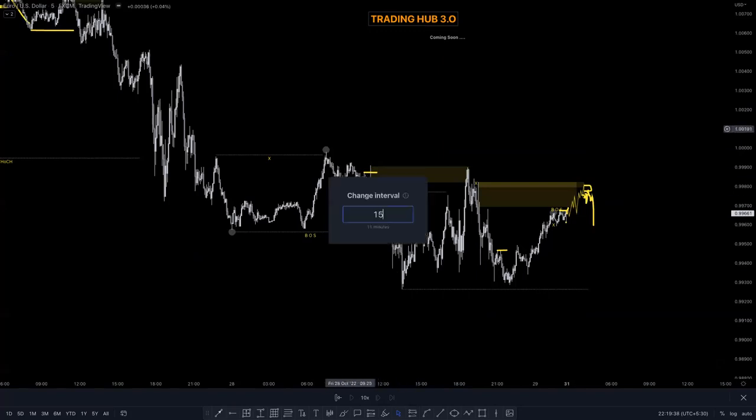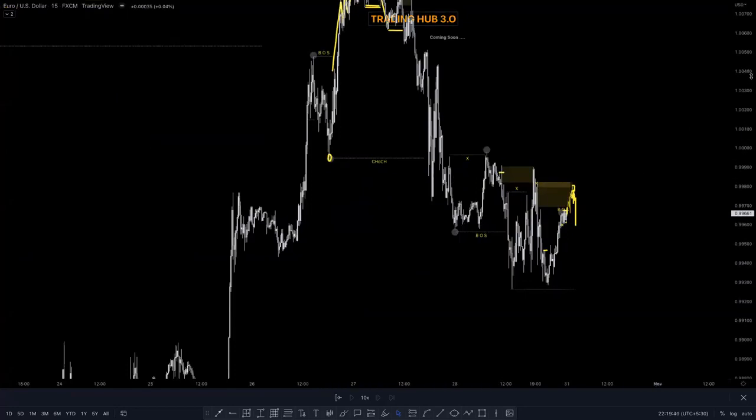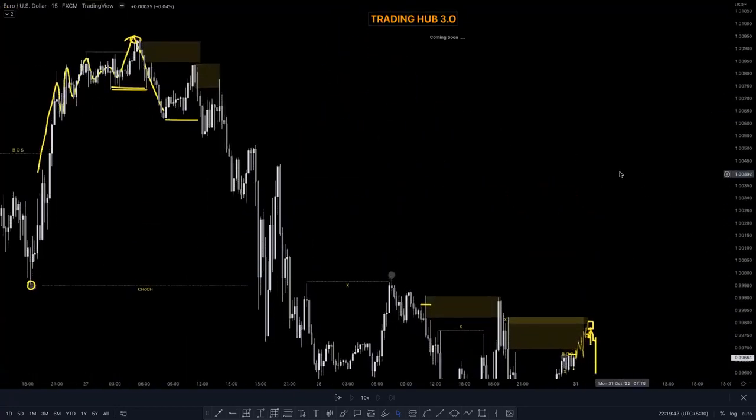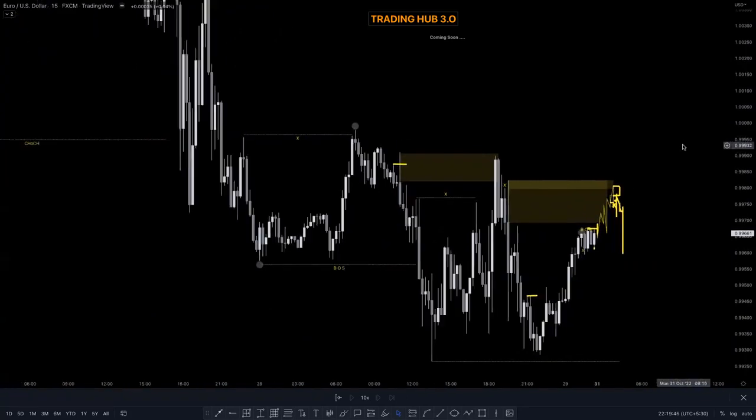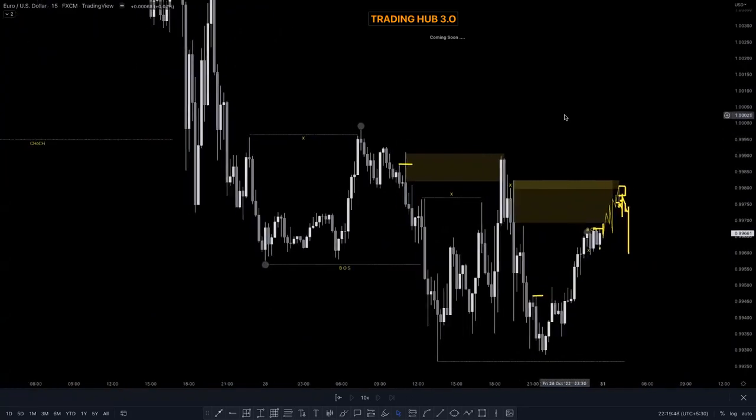Let me show you, 15 minutes, daily, weekly, last week, from the beginning. Backtesting is the same process. If you want any separate date or time, you can apply the same thing.